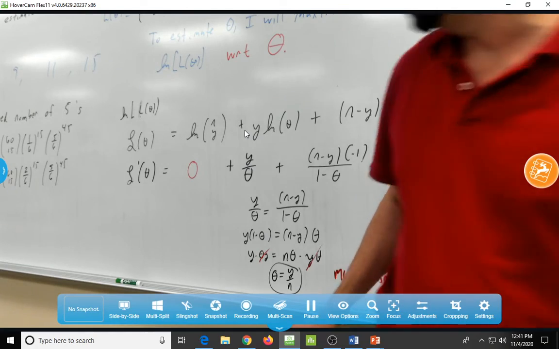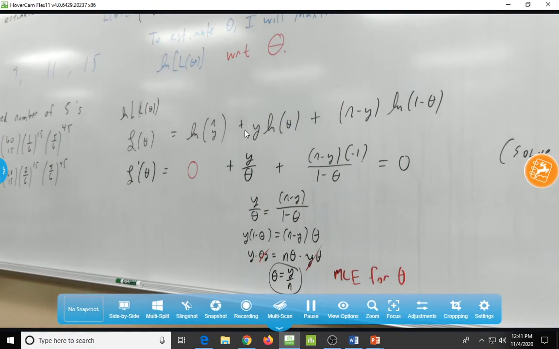I did not use lambda, I used theta. So I'm going to have e to the minus lambda, lambda to the theta 1 over theta 1 factorial.